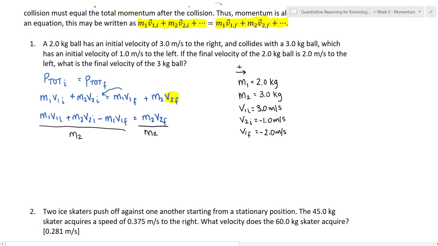And then I'm going to rewrite the equation with v2 final on the left side. So I have v2 final is equal to m1 v1 initial plus m2 v2 initial minus m1 v1 final, over m2.